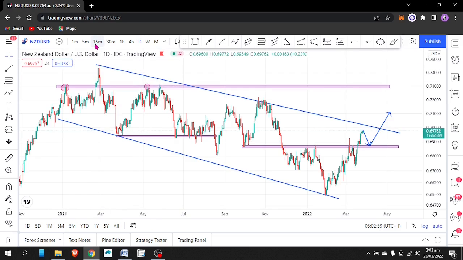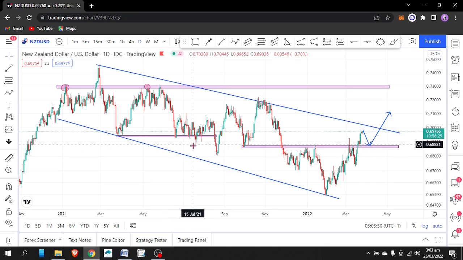Now if you say you want to draw your support and resistance using the 5-minute or the 15-minute chart, you will find yourself drawing a lot of support and resistance, which will distract you. Why? Because there are a lot of fluctuations, like we earlier said on time frame analysis.